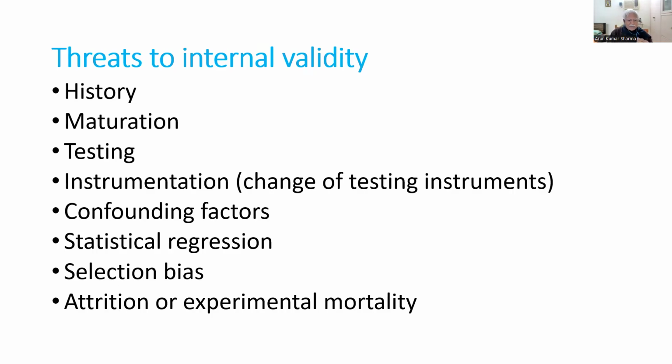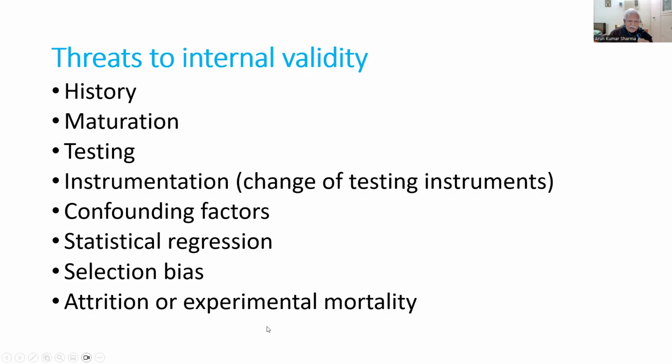Statistical regression is the property that if you take measurements several times and they involve people's responses, people have a tendency to move towards a middle value. Then selection bias of participants essentially, but it can also include selection bias of measurements or outcome measurements, and attrition or experimental mortality.